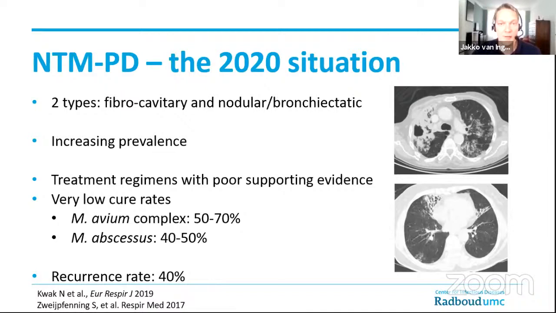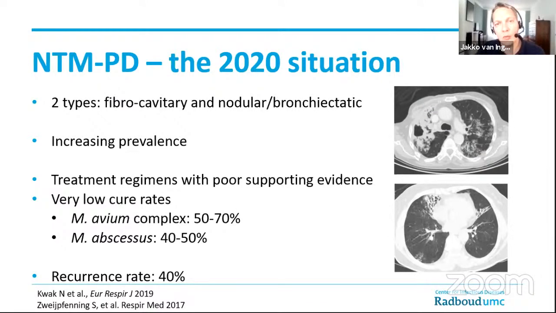Again, a disease that affects a very particular patient population, elderly patients, predominantly women, no clear history of pulmonary diseases, and sometimes a history of bronchiectasis or recurrent infections, pulmonary or otherwise.